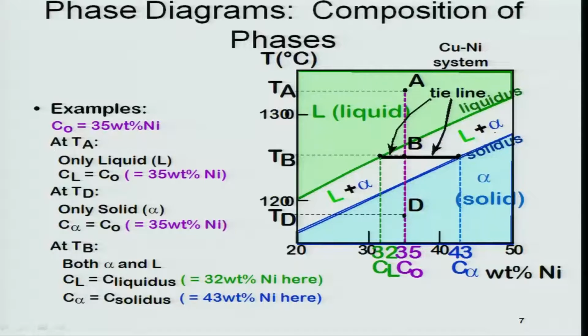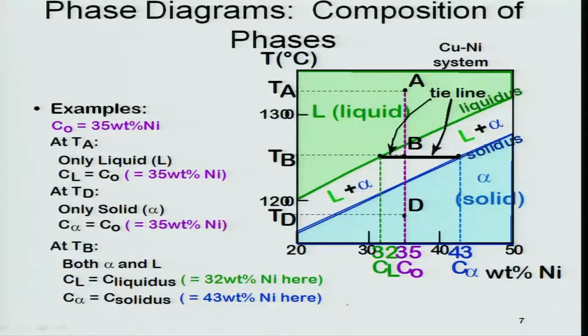What I do is draw a horizontal line parallel to the x-axis or compositional axis at a particular temperature Tb, and this line is drawn here like a black one, connecting the liquid and the solid phases, or the liquidus and the solidus. So therefore this is a tie line you can consider, because it ties the liquidus and solidus, and in this line one end connects to the liquid and the other end to the solid alpha.